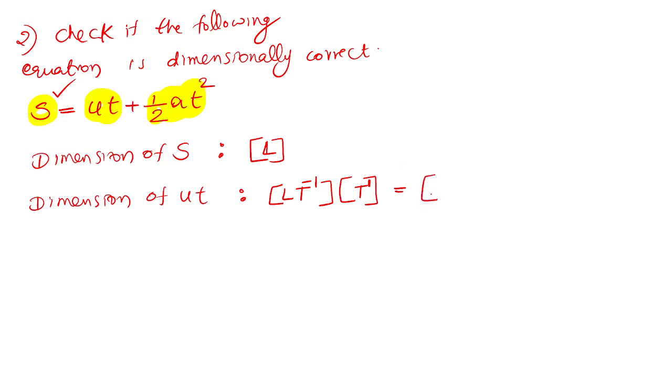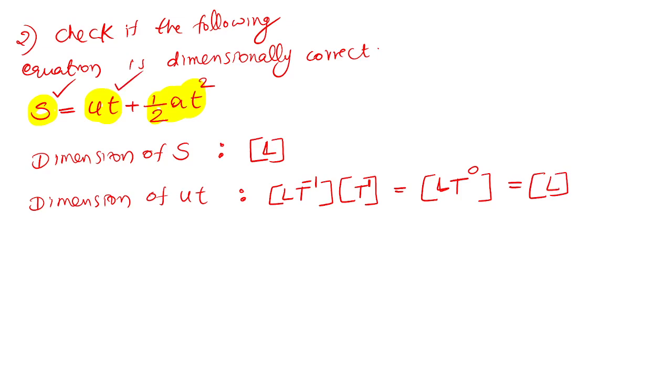If you multiply, L will be there, but the powers of T should be added. Minus 1 plus 1 will be 0. You have to write all the steps, don't skip any step. If the power is 0, it is 1. So ut has the dimension L.